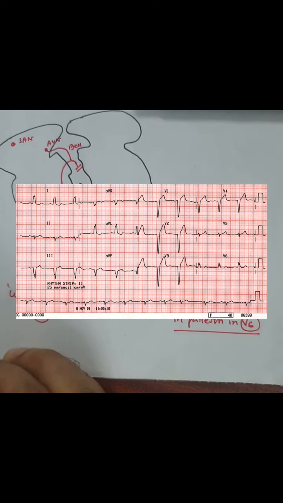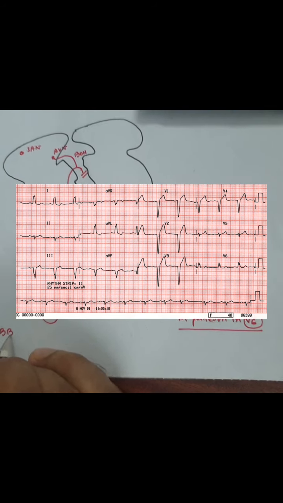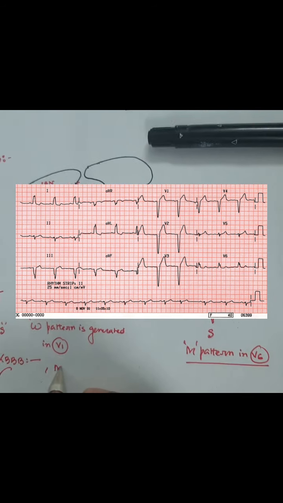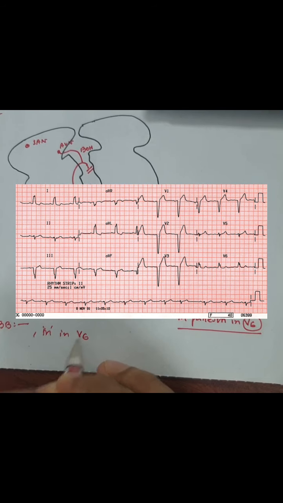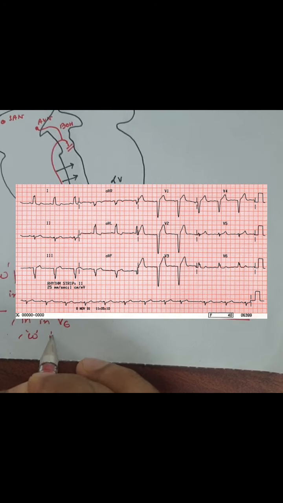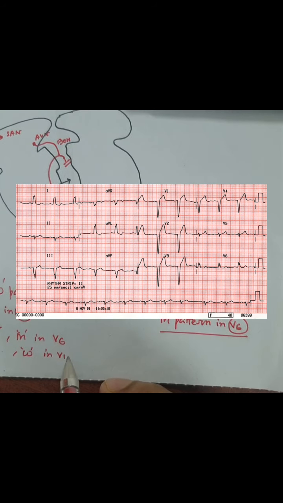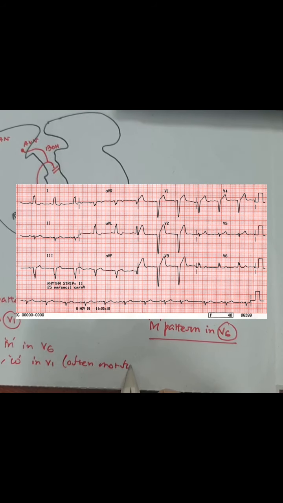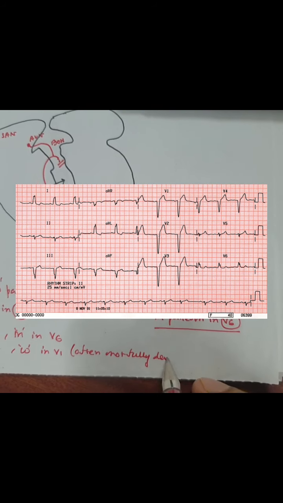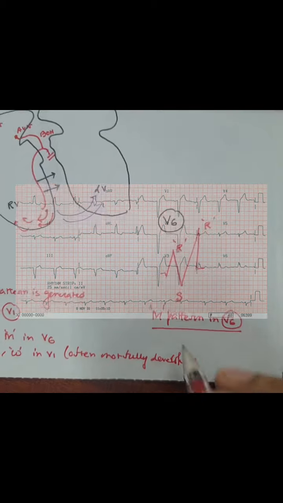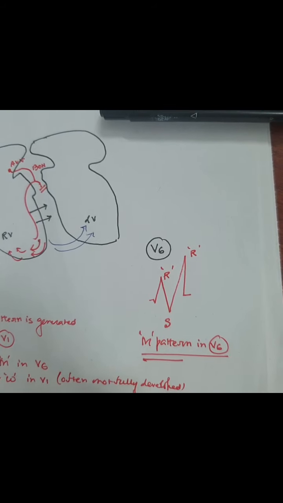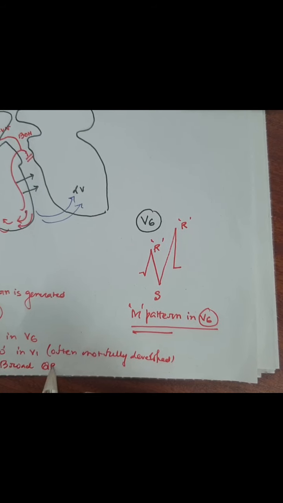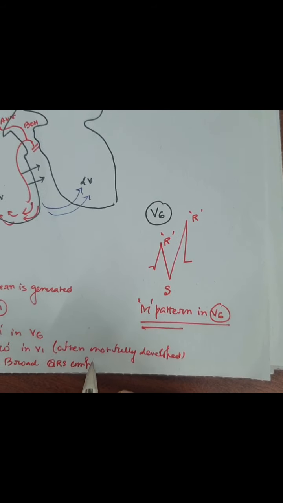So what are the important ECG features of left bundle branch block? Number 1, M pattern in V6, W pattern in V1, but remember it is often not fully developed. So we will depend on the M pattern in V6, and obviously the broad QRS complex is generated.